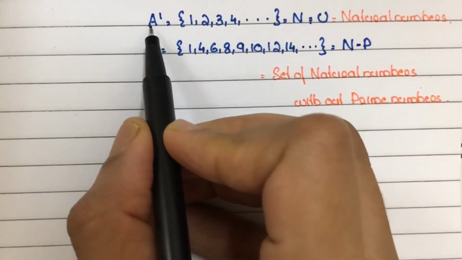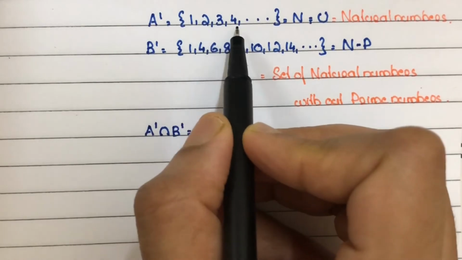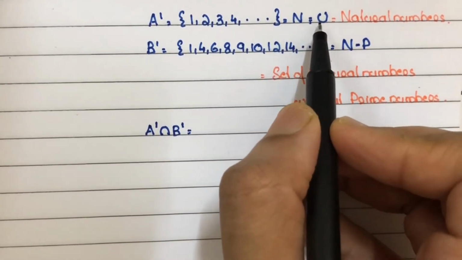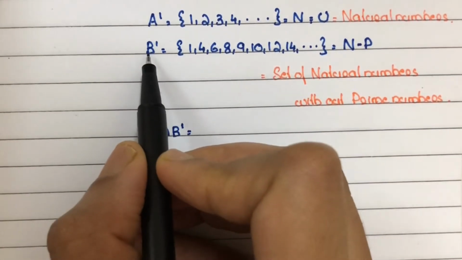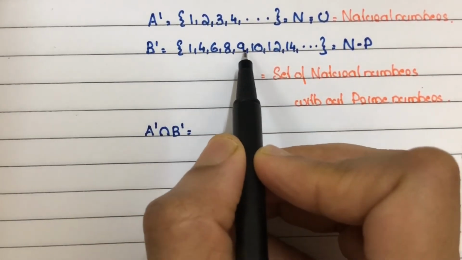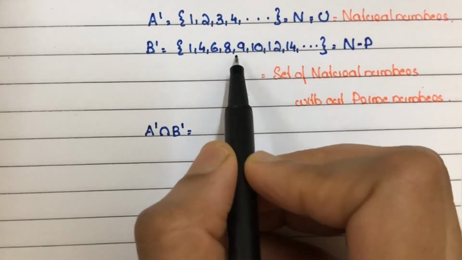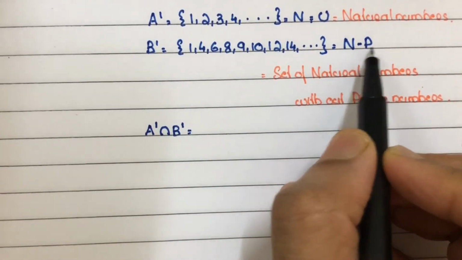Here we got A dash is equal to 1, 2, 3, 4, etc., means set of natural numbers equal to N. That is universal set, right? And B dash is equal to 1, 4, 6, 8, 9, 10, etc., means set of natural numbers without prime numbers. That is N minus P.